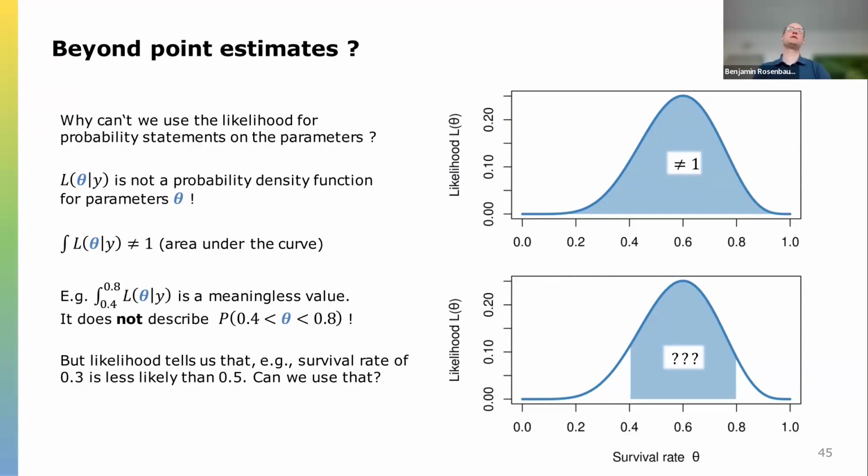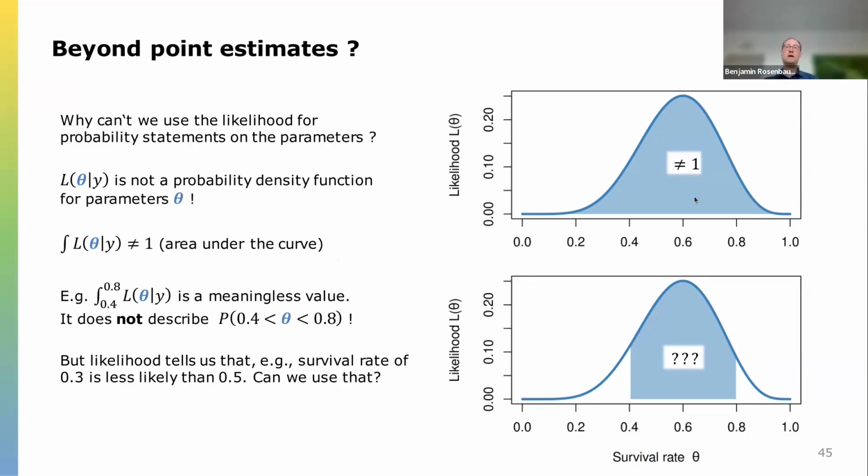However, here we are in a different situation. Here we have the data, but the parameter is unknown, and your likelihood function is not a probability distribution of the parameter. The simple reason for that is that the likelihood function, if you compute the area under the curve here, does not integrate to 1.